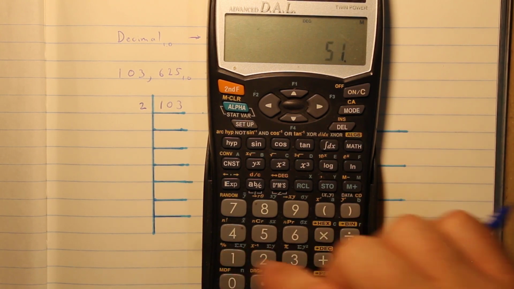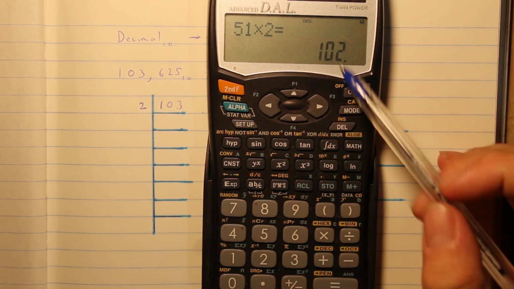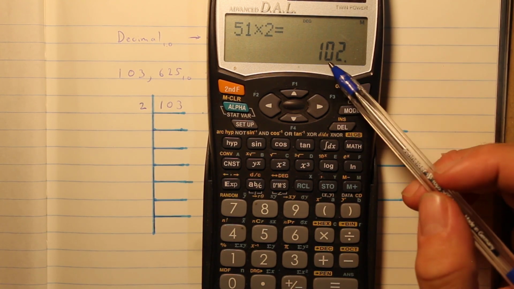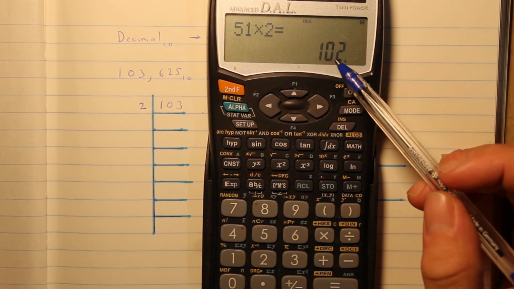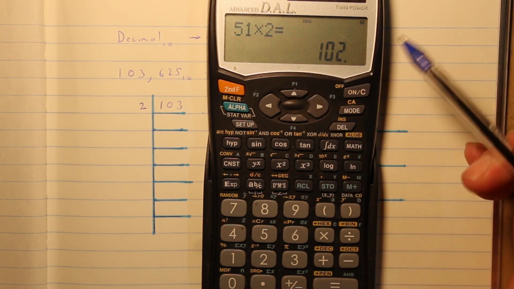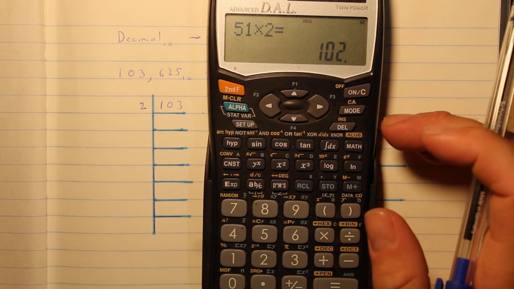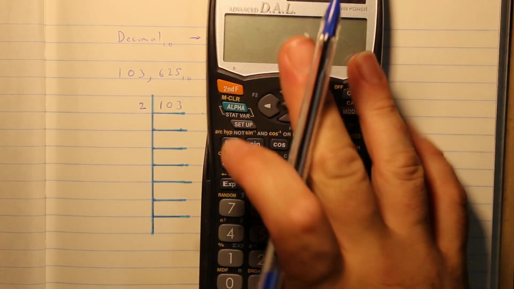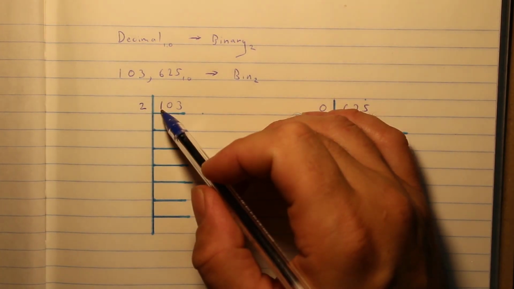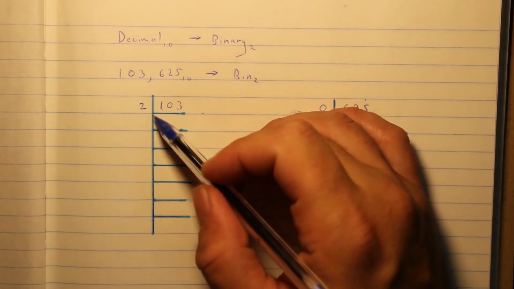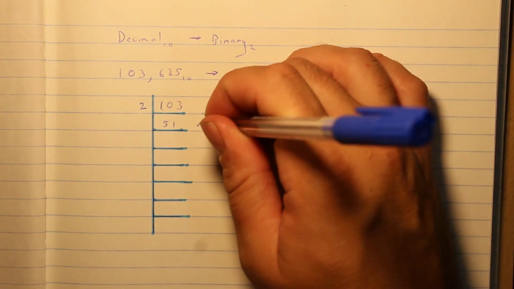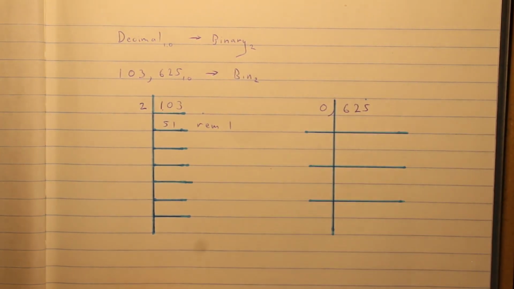So 51 times 2 is 102. You can see 2 goes into 103 51 times, and there's still one remaining to get to 103. So let's do this. Firstly, 103 divided by 2 is 51, remainder 1.